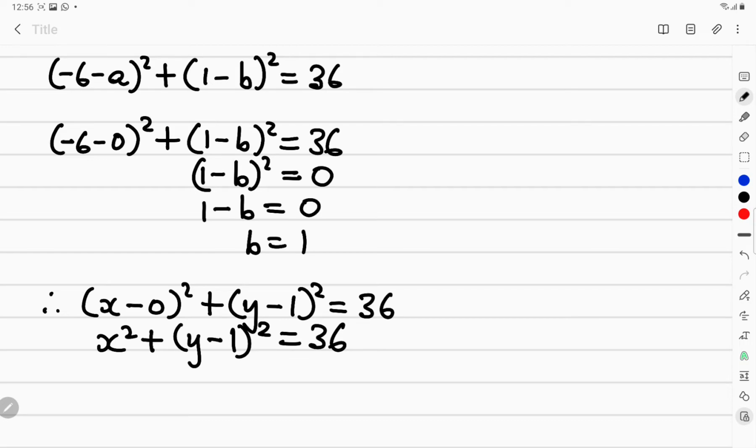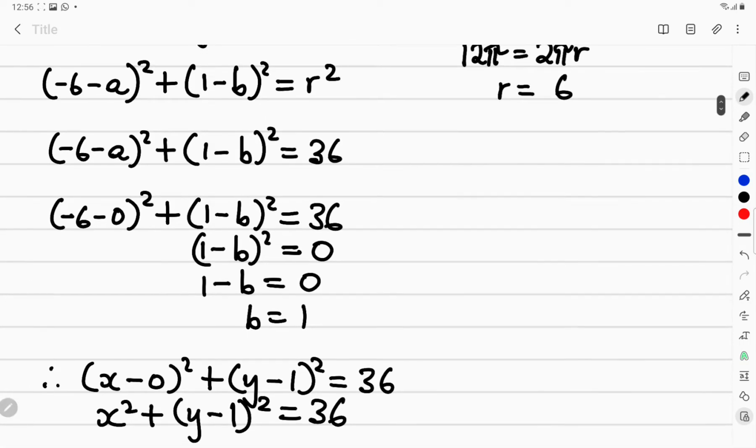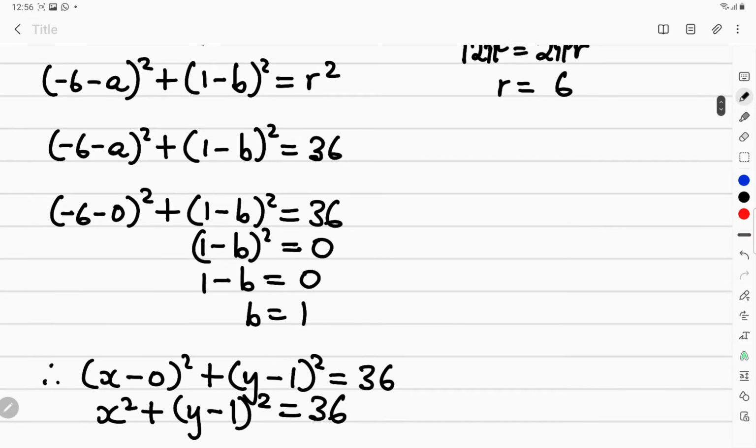Simple as that. That's the equation that they were looking for.